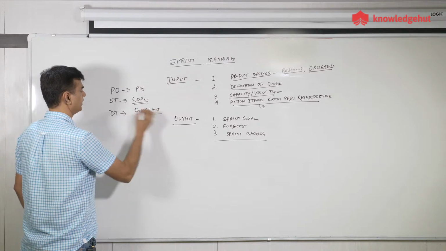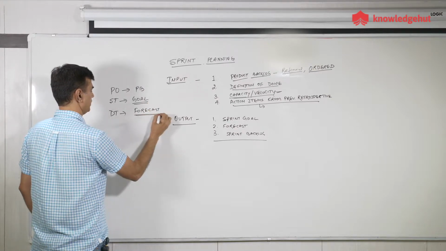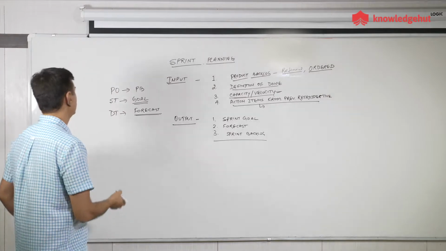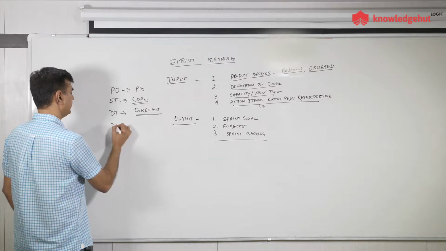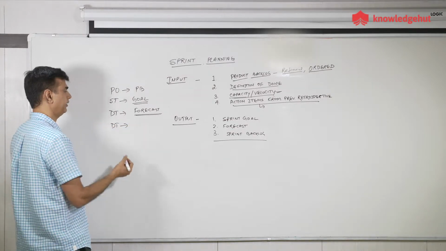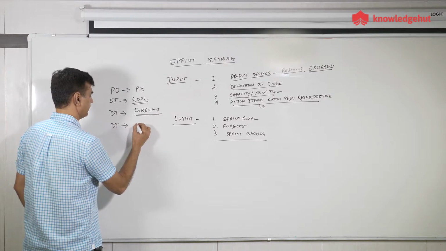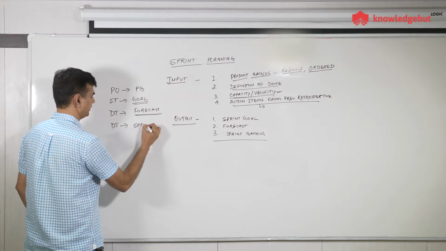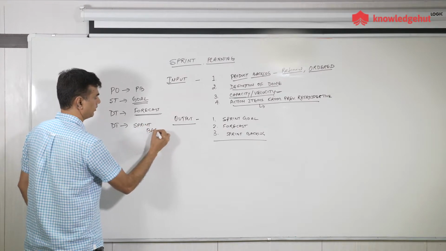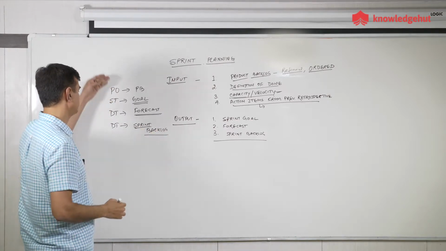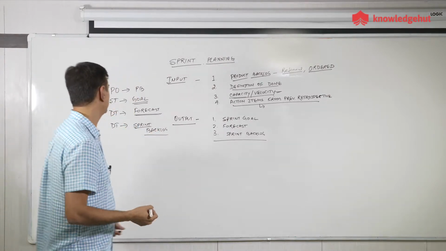Forecast is basically the work that the team thinks they should be able to complete in the current sprint. And then the development team comes up with their own plan to achieve the goal, and that plan is known as the sprint backlog.